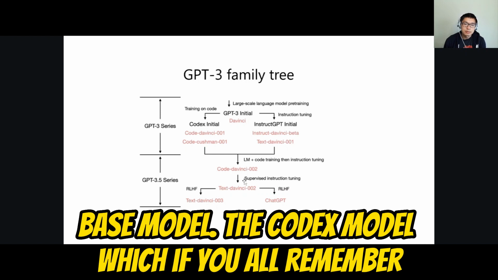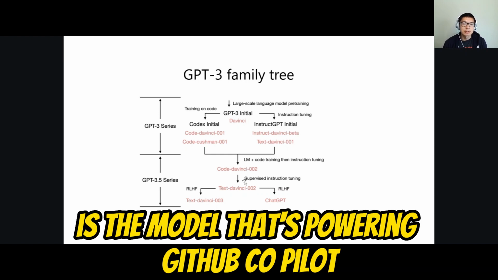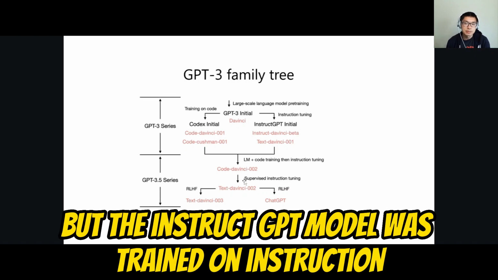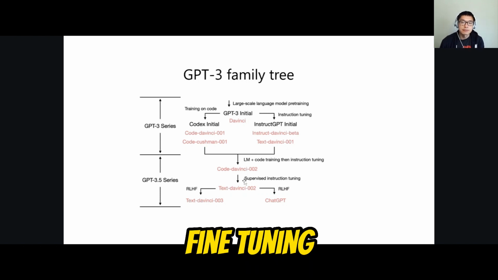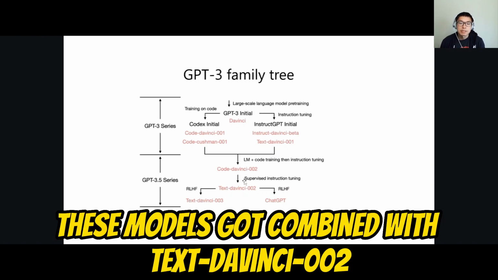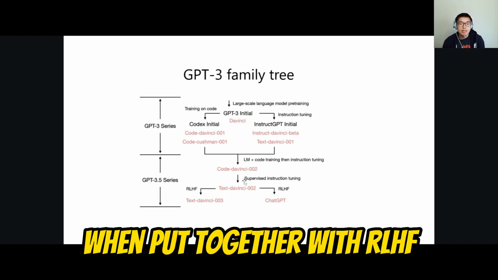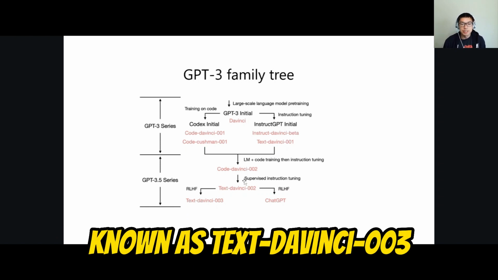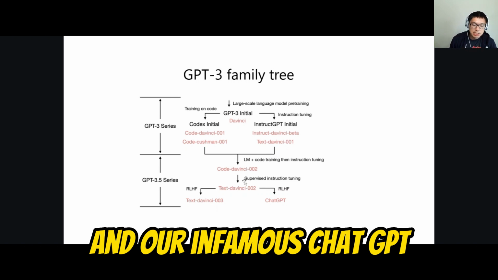The Codex model, which if you all remember is the model that's powering GitHub Copilot, was based off of GPT-3 and trained on code. But the InstructGPT model was trained on instruction fine-tuning. These models got combined with TextDaVinci 002, put together with RLHF, became the GPT 3.5 series, known as TextDaVinci 003 and our infamous ChatGPT.